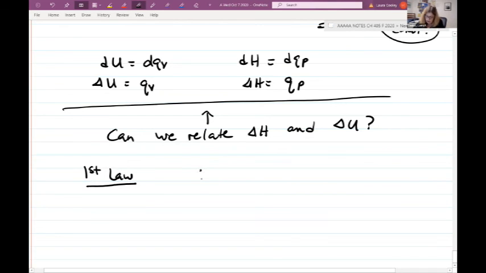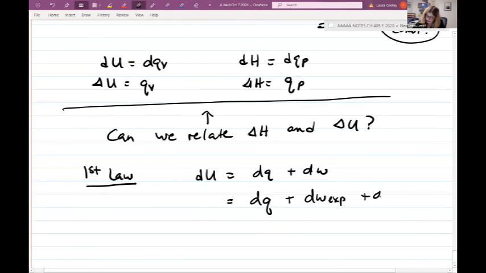But anyway, I want to talk about how these things are related, and it starts with the first law. If you write this, we have expansion work and extra work, and then we say no extra work.